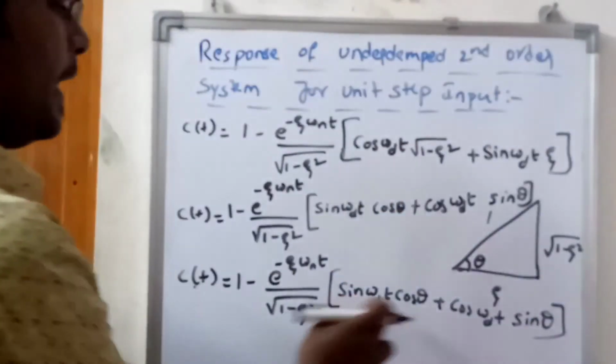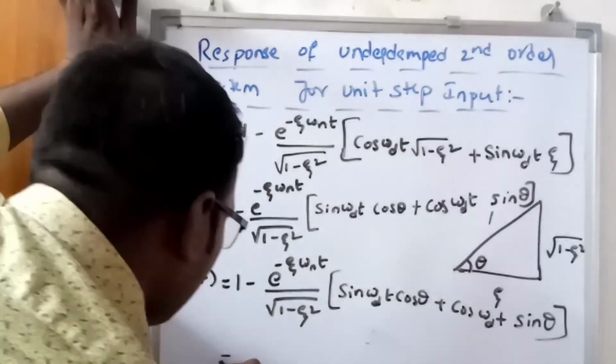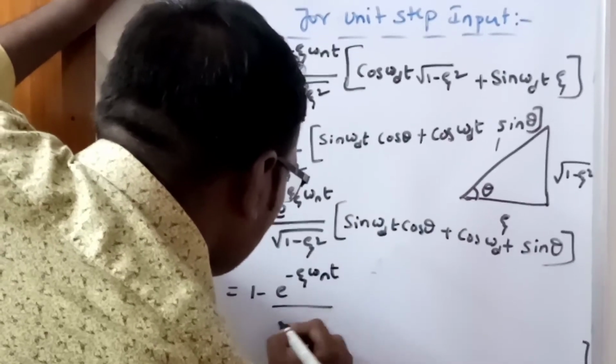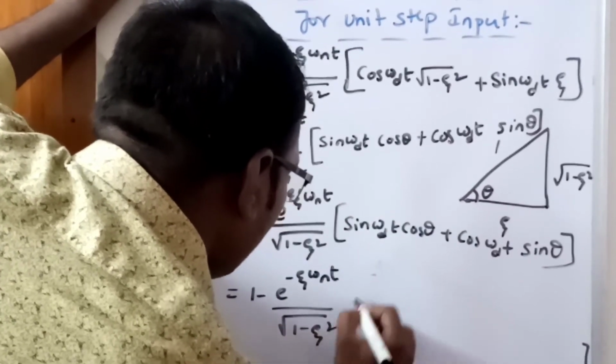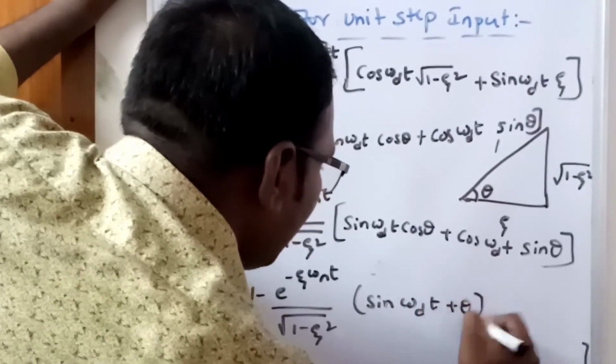So sin A cos B plus cos A sin B. What is the formula of this? Sin of A plus B. That is equal to 1 minus e power minus zeta omega n t by square root of 1 minus zeta square into sin of omega d t plus theta.